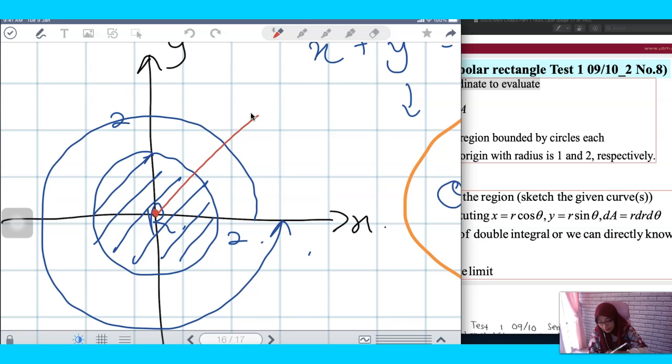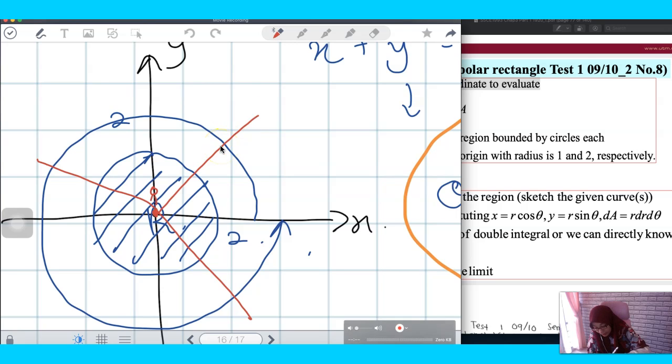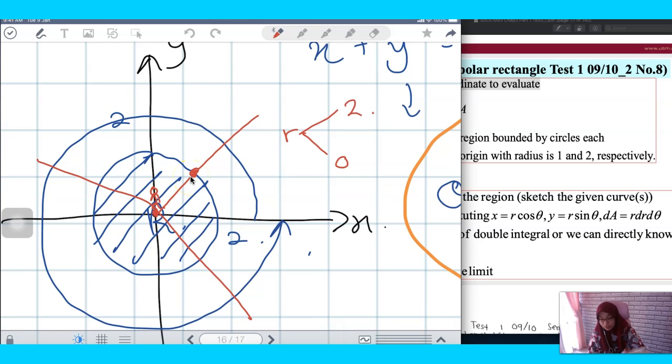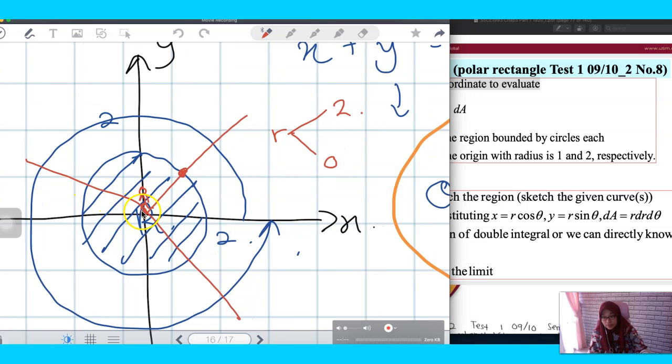You can have this line and that line. You can provide many lines, and then you are starting over here, and you can see the region at that point. So r is 0 to 2, the terminal point. Similarly for this line, you will also have the similar limit, r from 0 to 2. So you can see that for every angle, every quadrant, the lower and the upper bound are all the same.